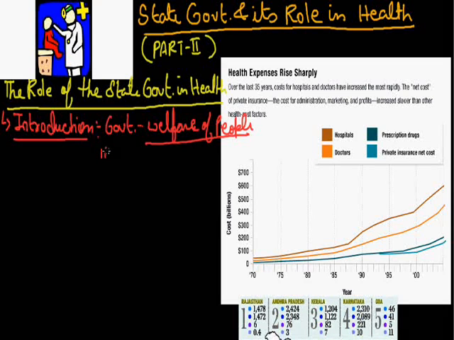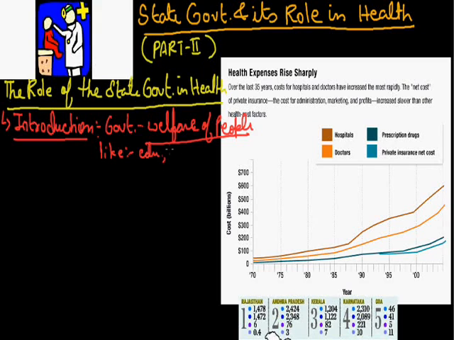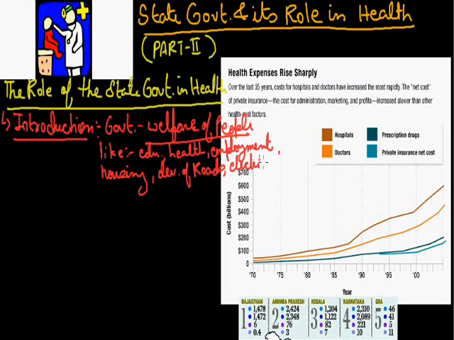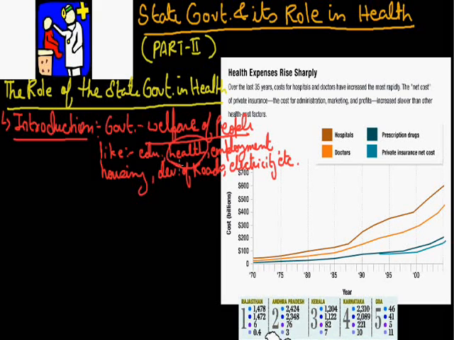Here, welfare means, for example, education, health, employment, providing housing facilities to the people, the development of roads in the city, providing electricity to each house, etc. These are the main duties of the government, and all these things come under its main motto, which is the welfare of the people, and one of them is health.